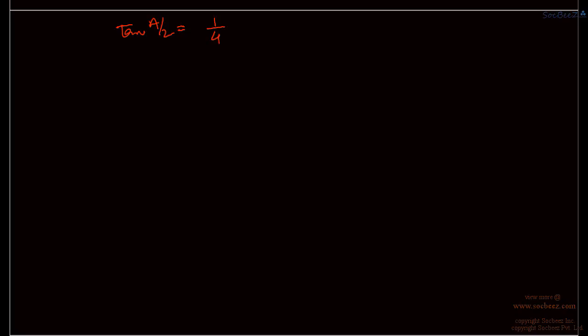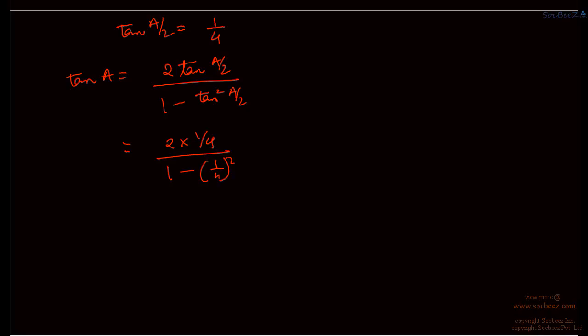Now if tan a by 2 is equal to 1 by 4, tan a can be written as 2 tan a by 2 over 1 minus tan squared of a by 2. From the multiple angle formula we know this. So that is equal to 2 into 1 by 4 over 1 minus (1 by 4) squared. That is half by 1 minus 1 by 16. The denominator is 15 by 16.